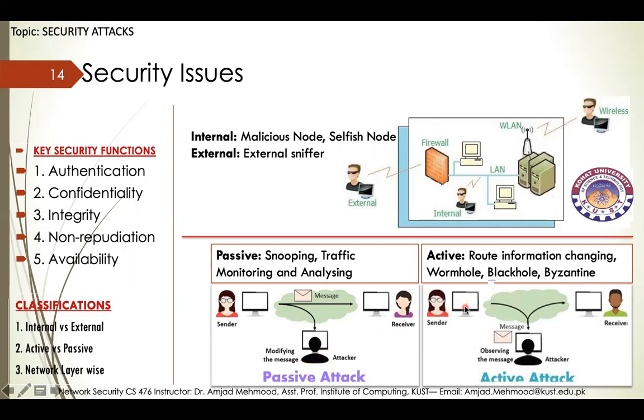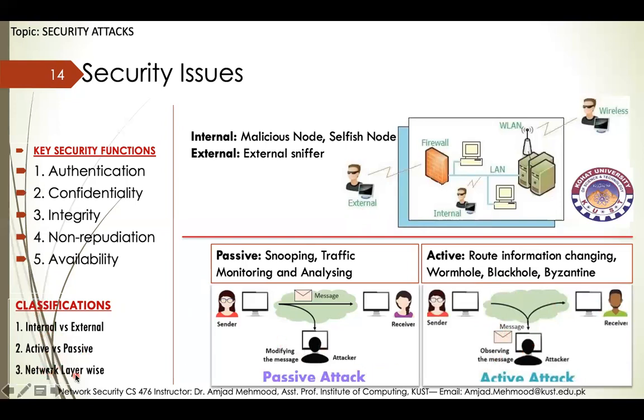And here you can see the sender is sending something to the receiver, but this is intercepted by some attacker, and then the attacker performs some kind of changes in those messages, and then sends them to the receiver. This is called active. Now this is the classification. This is internal and external. I have explained this also. Active and passive, this is already explained in my previous slide, and I explained here as well.